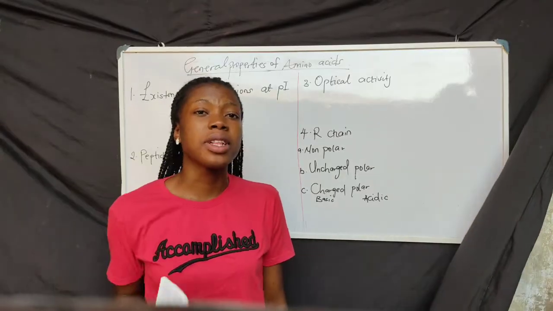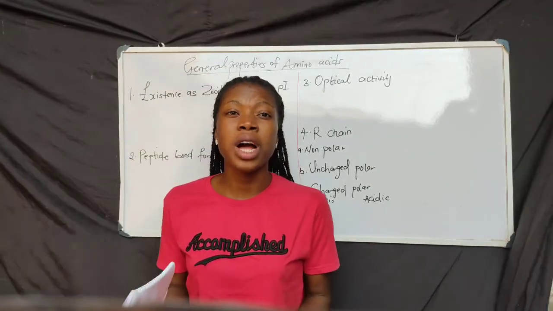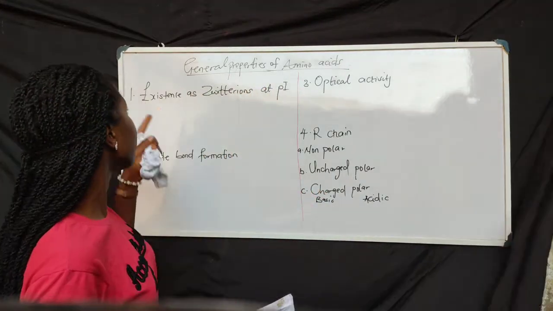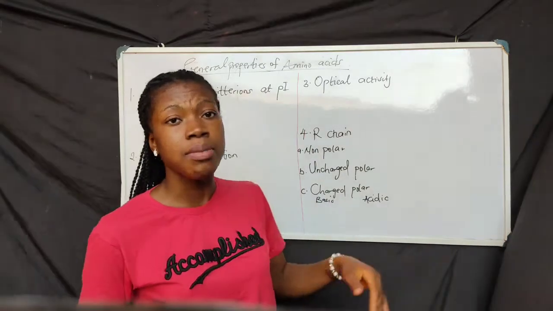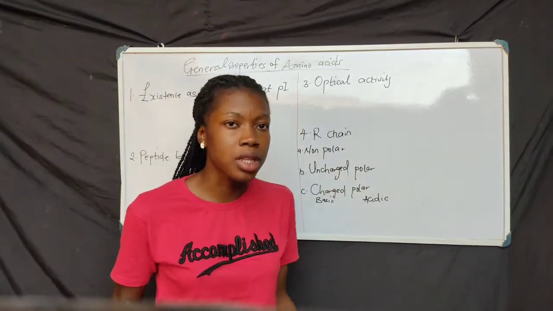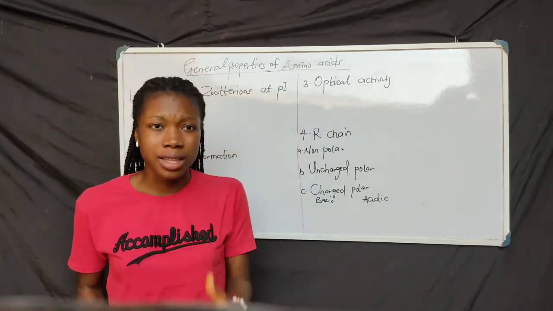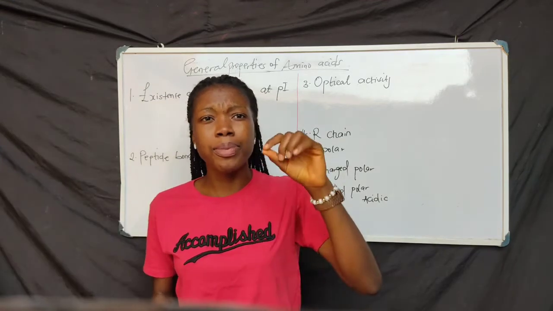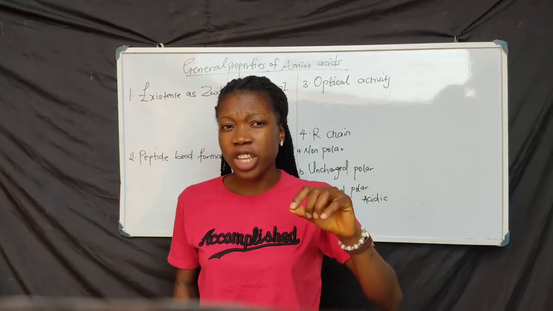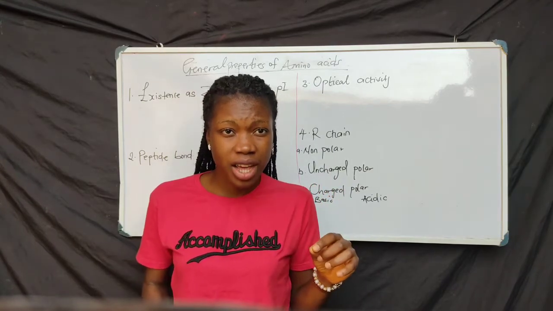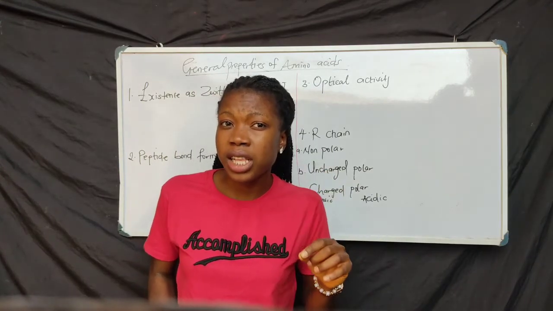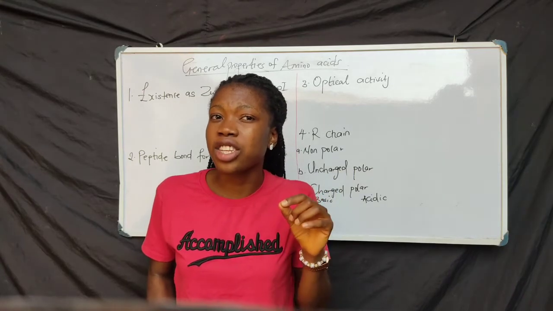Let's consider the general properties of amino acids. The first one we're going to talk about is existence as zwitterions at pI, and pI here means isoelectric point. All the amino acids have a particular pH at which they have both negative and positive charge, and as a result of this, they don't have a net charge.